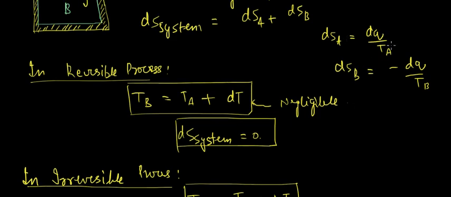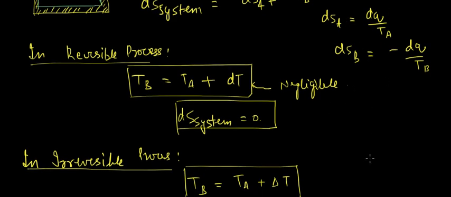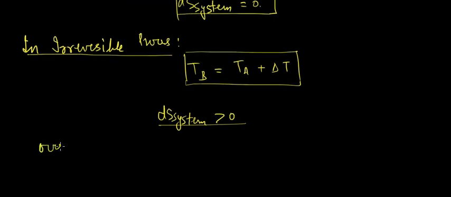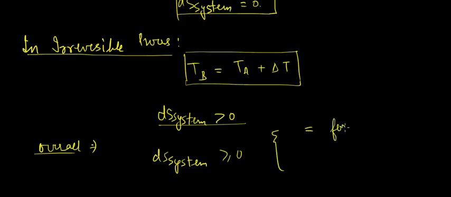Because these would be dq irreversible rather, and dS of the system would be greater than 0. So overall we can say that dS of system would be greater than or equal to 0, where we have equality for a reversible process and greater than for an irreversible process.